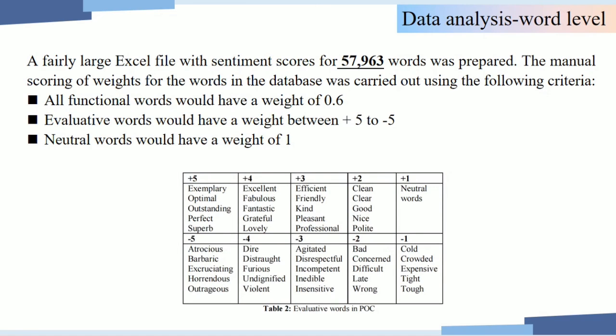Then there is a dictionary, I think: a fairly large Excel file with estimated scores for 57,963 words was prepared. The manual scoring of weights for the words in the database was carried out using the following criteria.